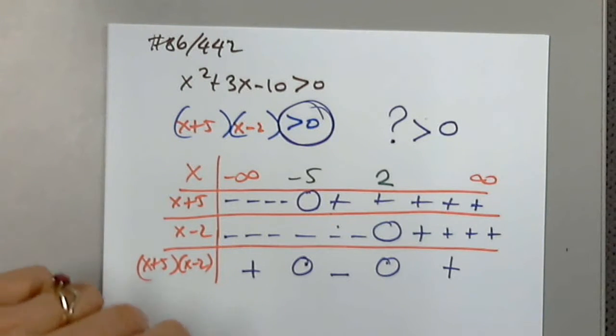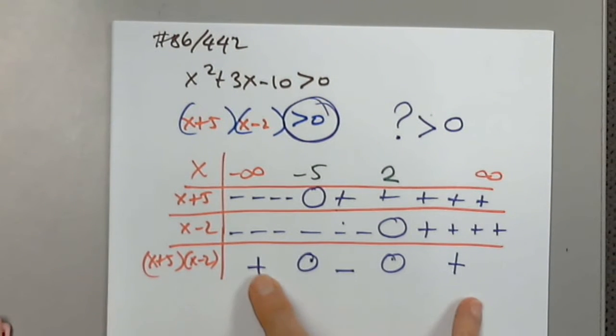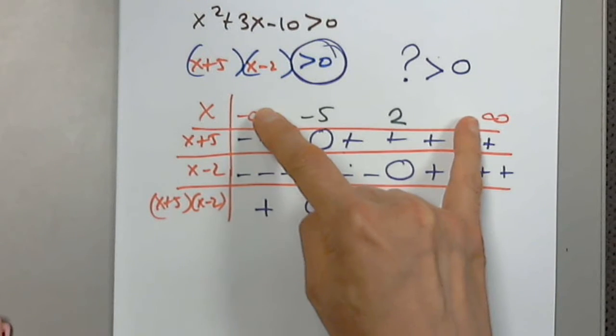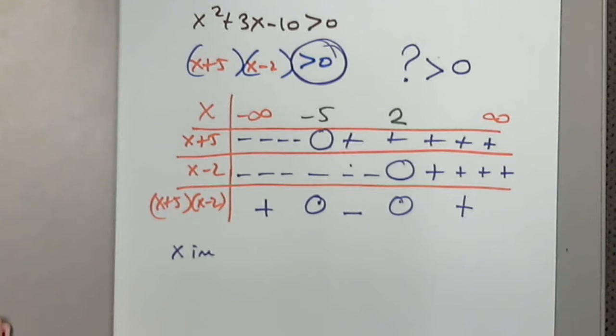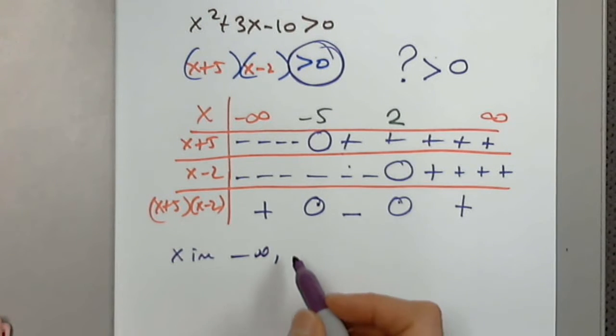I can only pick one sign. Which sign is a number greater than 0? Positive. So I look everywhere, I see positive, and I choose the corresponding x values. So x in the interval. Perfect.